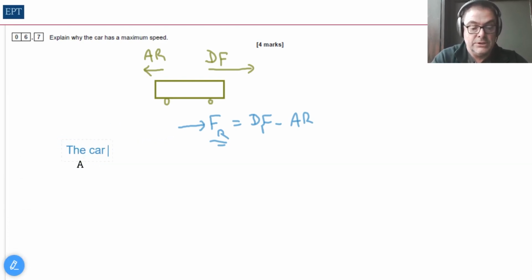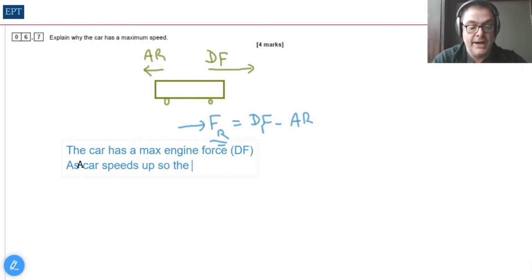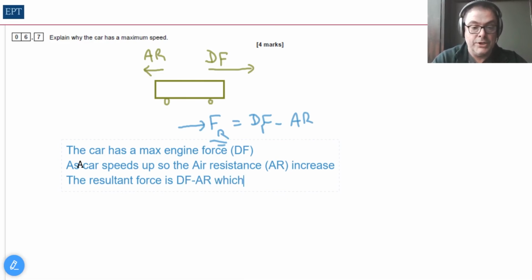So the car has a maximum engine force. You could call that driving force. As the car speeds up, so the air resistance, let's just call that AR, increases. The resultant force is driving force minus air resistance, which decreases as the car speeds up.